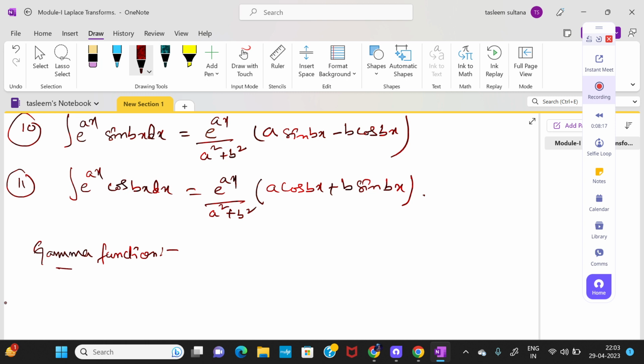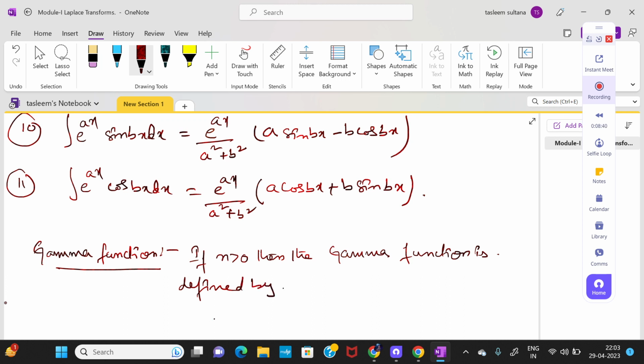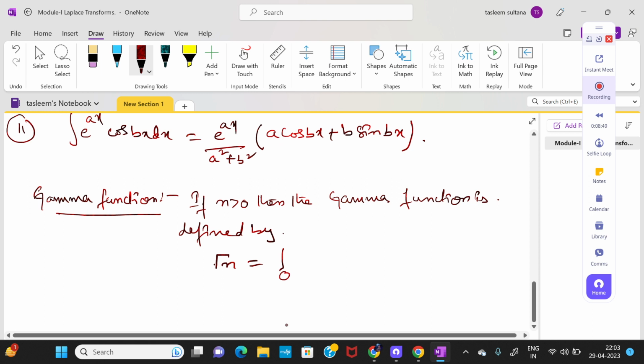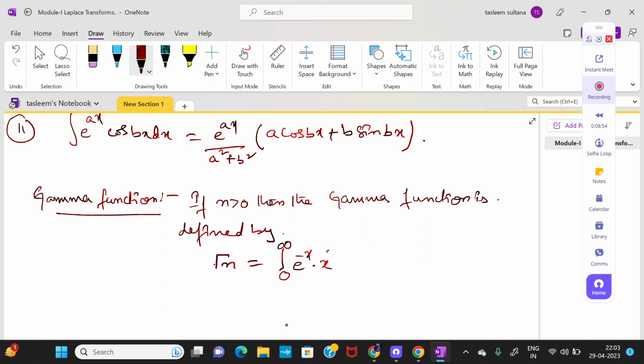Gamma function: if n is greater than 0, then the gamma function is defined by gamma n, which is equal to the integral from 0 to infinity of e power minus x into x to the power of n minus 1 into dx.